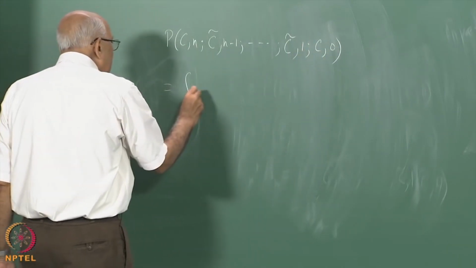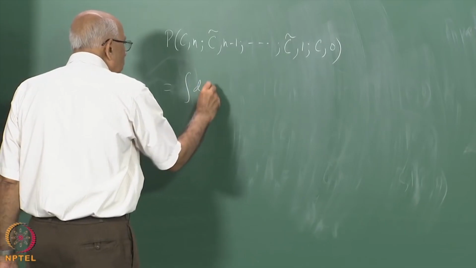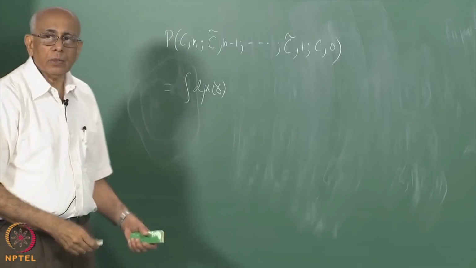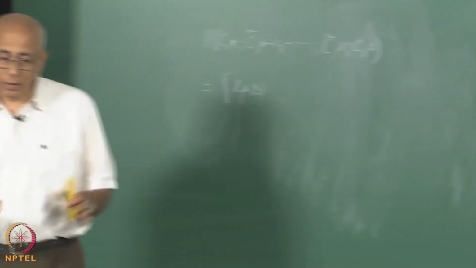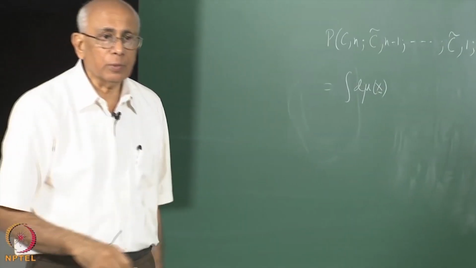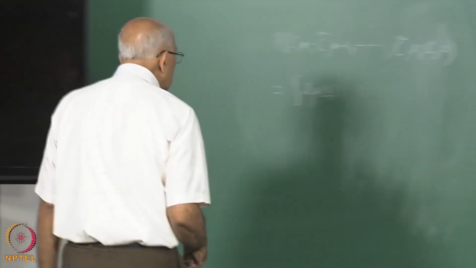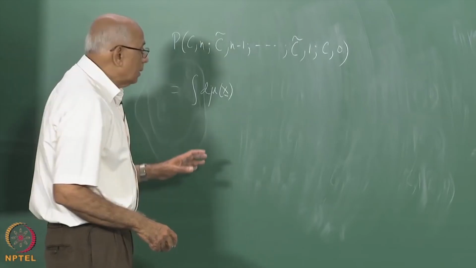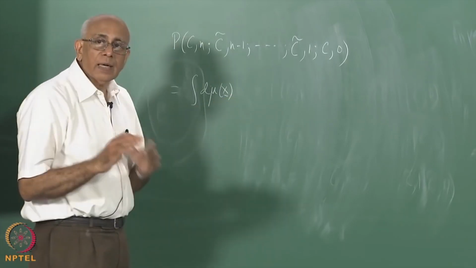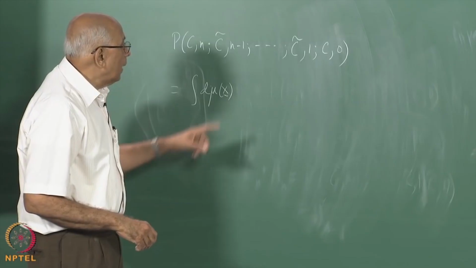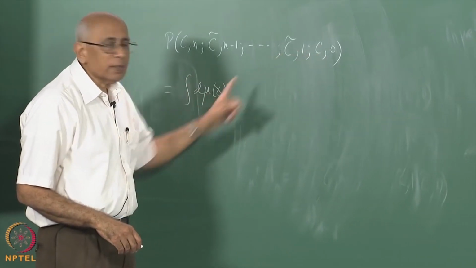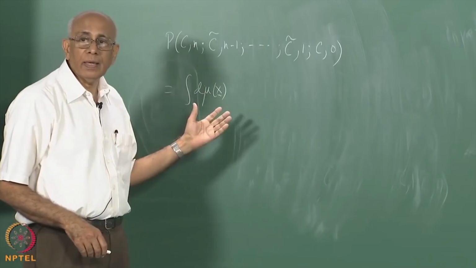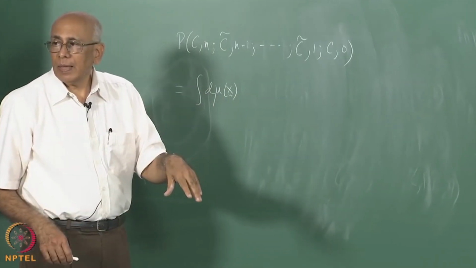This is equal to an integral over the phase space over the invariant measure d mu x. If you like, write this as rho of x dx, and x is the full set of all the variables in the phase space, a multidimensional integral formally, times that set of points where at time 0 you are inside the cell, and at time 1, 2, 3 up to n minus 1 you are outside, and at time n you are back in there.